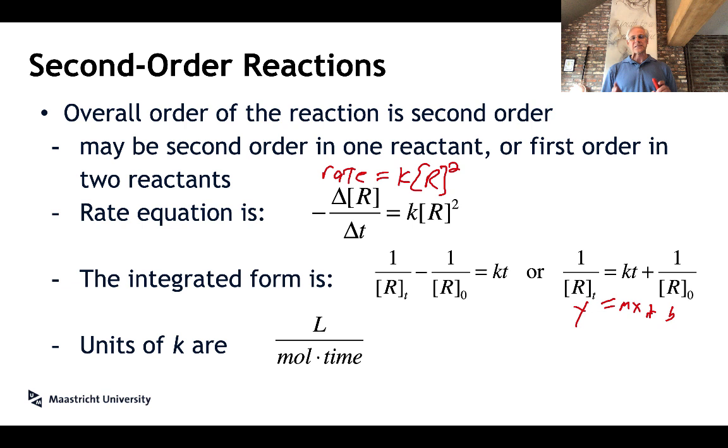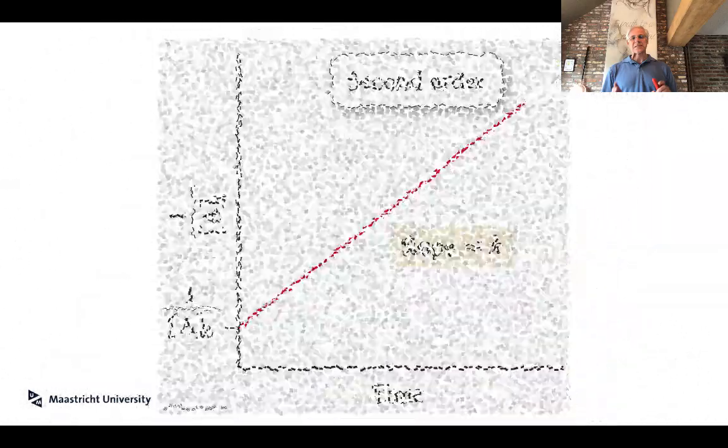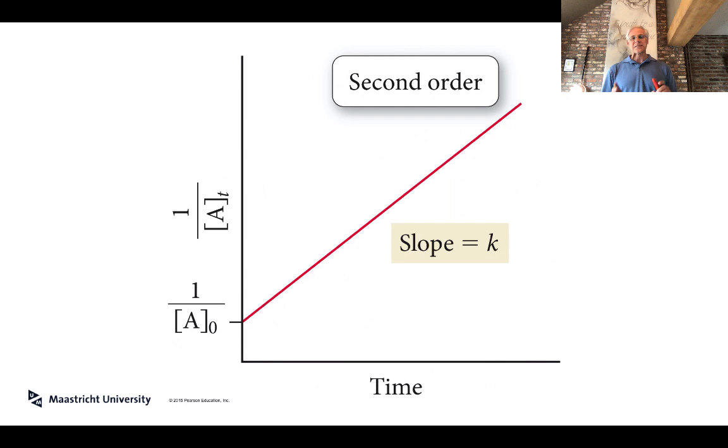It's just something you need to be aware of if it ever becomes a concern if you're doing some kinetic experiments in the lab. So here's what a second order would look like, where we would plot 1 over a at times t on the y-axis, time on the x-axis, and we get 1 over a0. The original concentration becomes our y-intercept there.